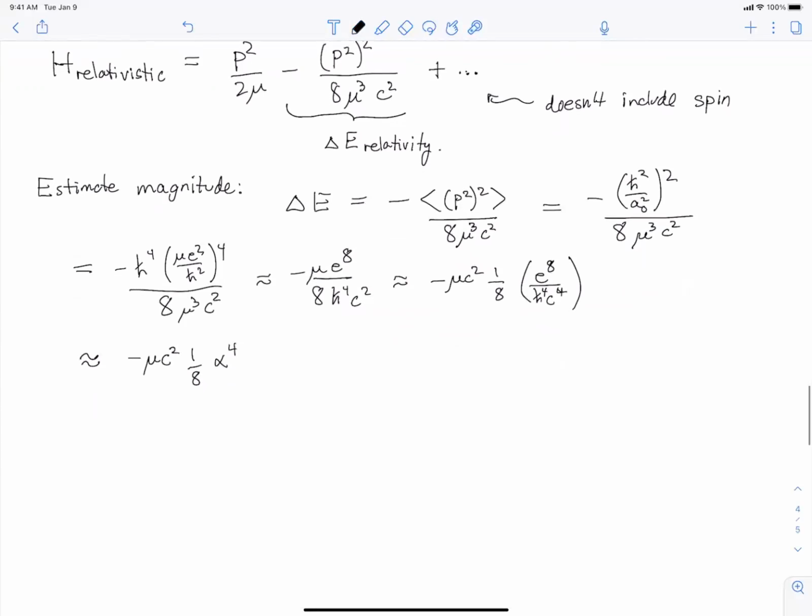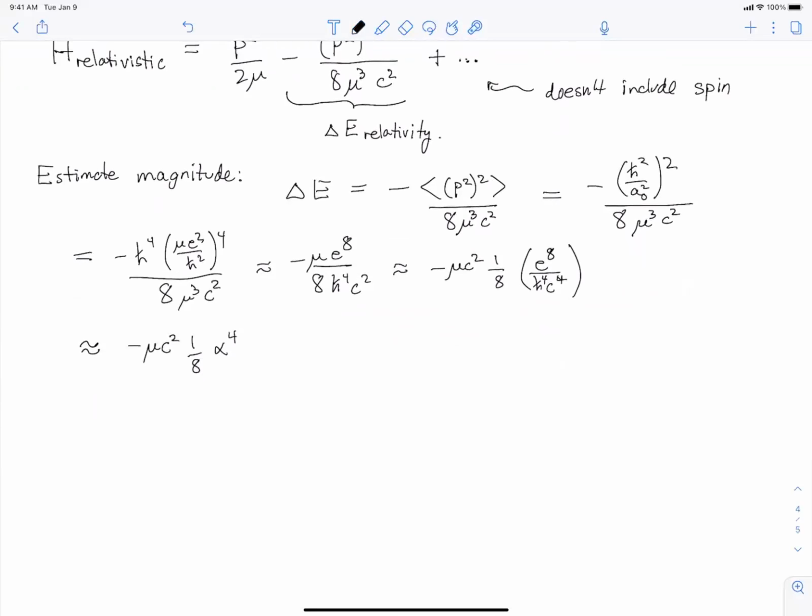So we're not going to do it today because we don't have the tools involving spin and other relativistic effects. But let me just tell you that a correct analysis, which we will do in Physics 661, instead of having minus 1 over 8, is actually 1 over 2n for states with principal quantum number n and L equal to 0.